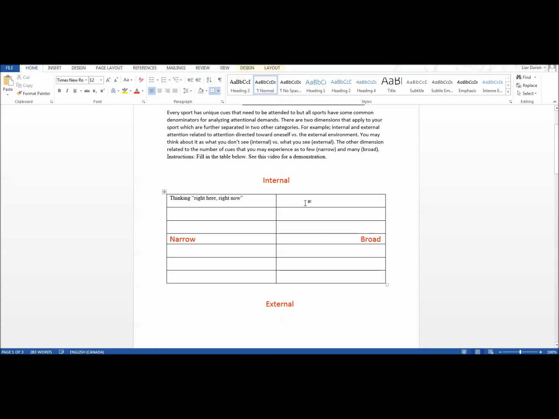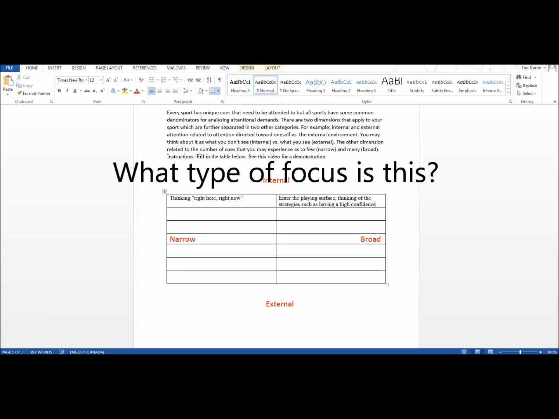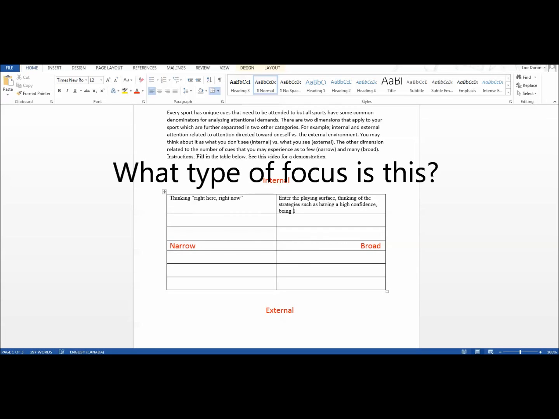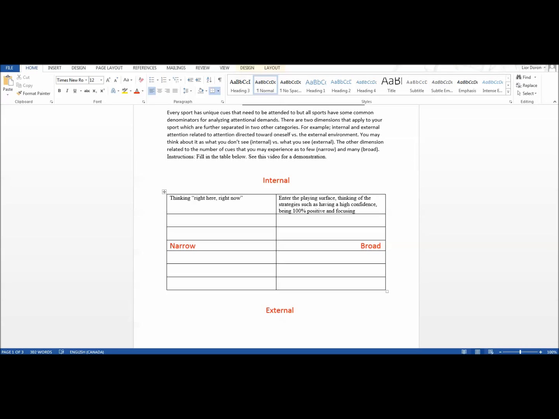Another example is as you enter the playing surface, thinking of the strategies such as having a high confidence, being 100% positive, and focusing at the task at hand.